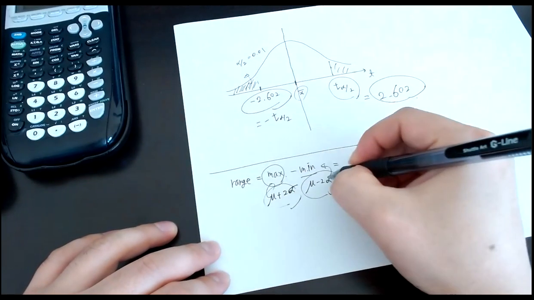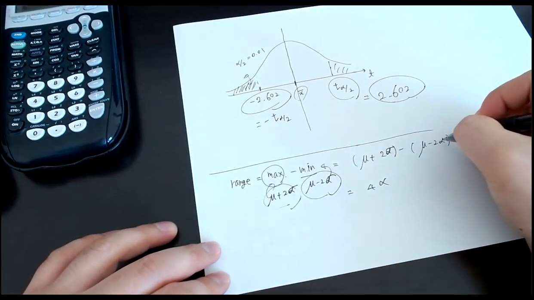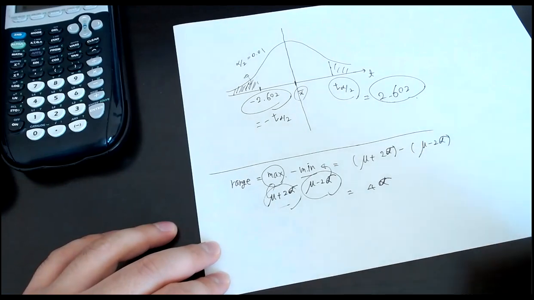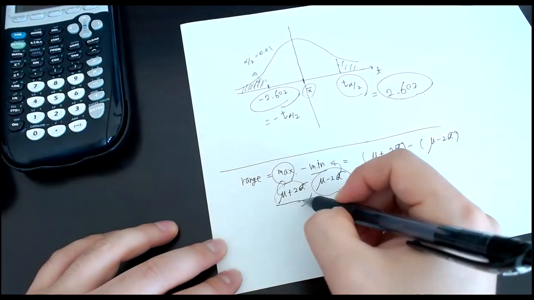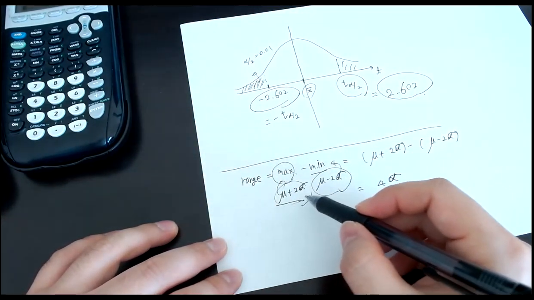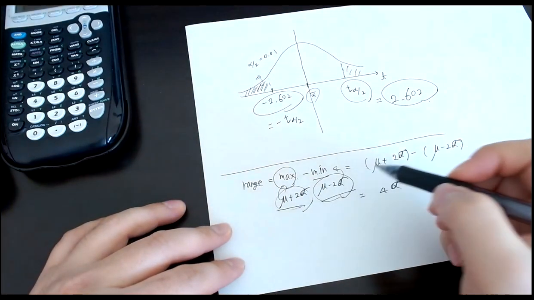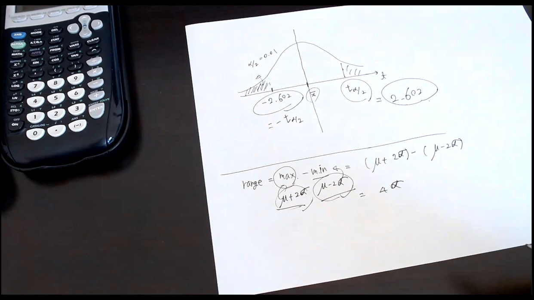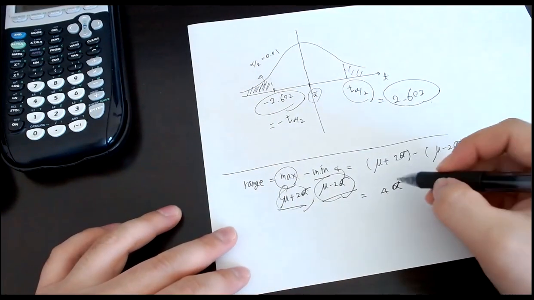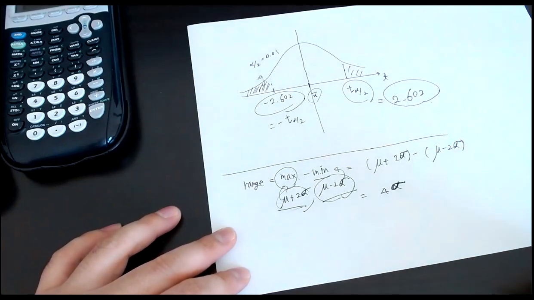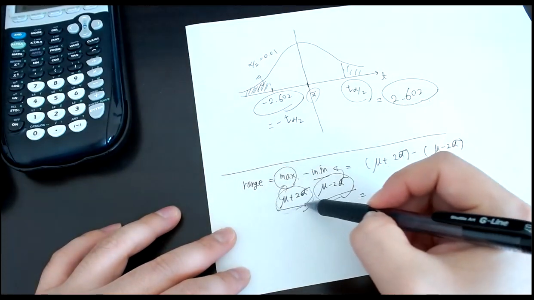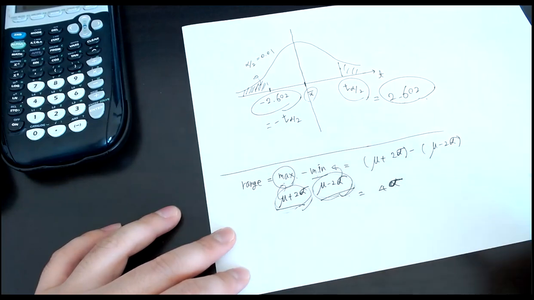Remember that mu plus 2 sigma is the borderline between significantly high and usual data, and mu minus 2 sigma is the borderline between significantly low and usual data.